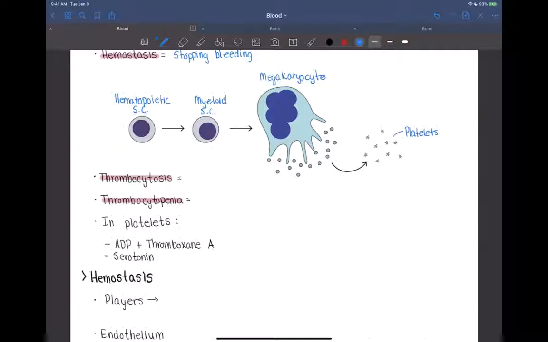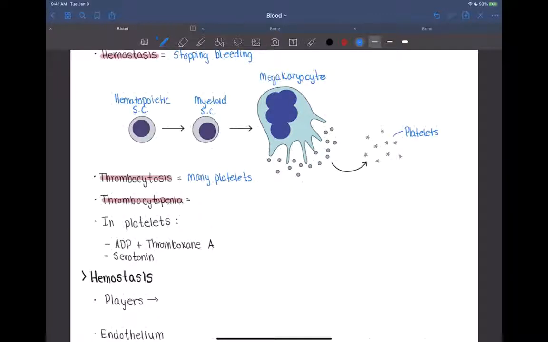Okay, so then two words pertaining to the abundance of platelets. The first being thrombocytosis. So this would mean that you have a lot of platelets. All right, so many platelets. Okay, and so somebody with thrombocytosis, you might be concerned about clots forming when there's no necessary reason for clots to be forming.